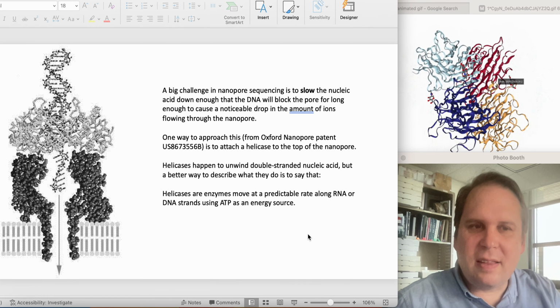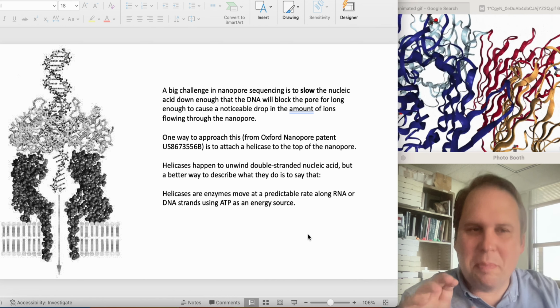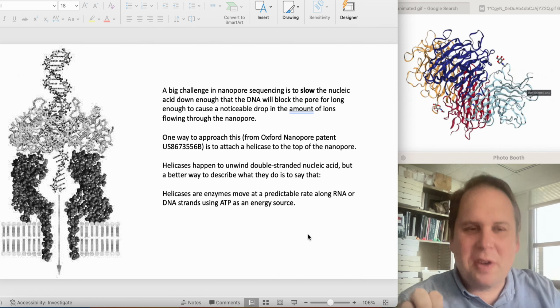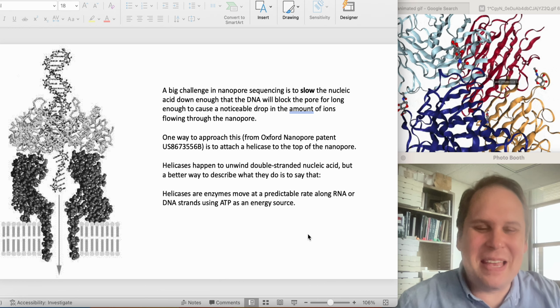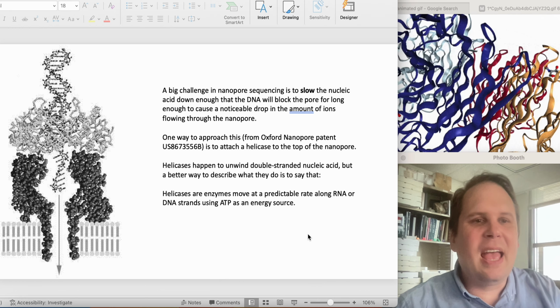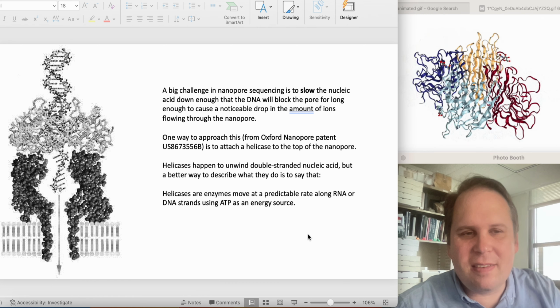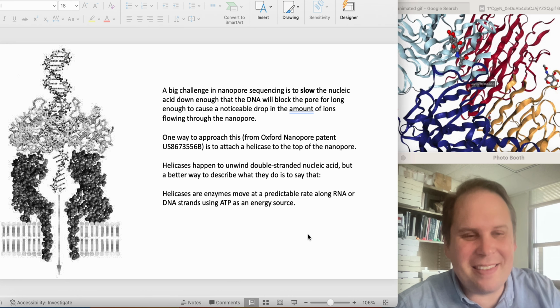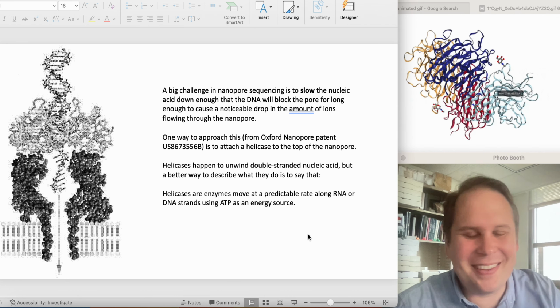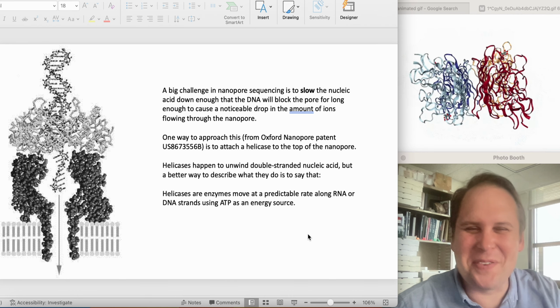The next step in the technique is that there's actually a problem, which is that if you're trying to push DNA through this hole, it goes too fast. It goes faster than we can reliably measure. And if you can't measure it, then you can't really read the sequence, because you've already slurped the entire spaghetti noodle before you get the first readout.